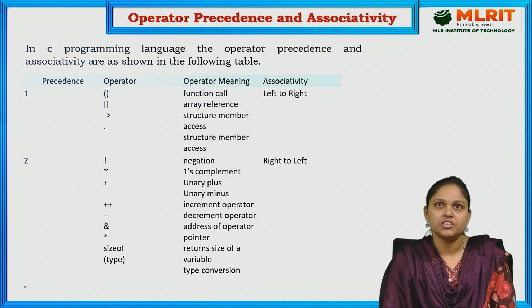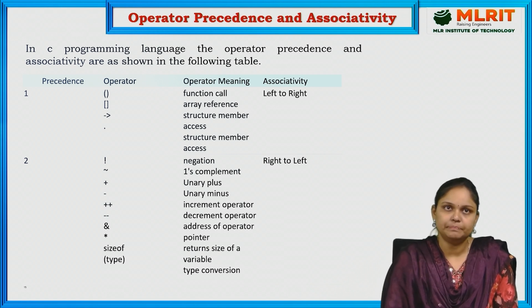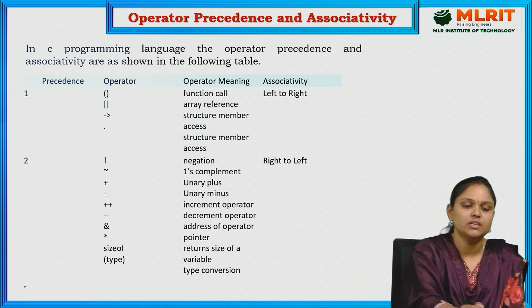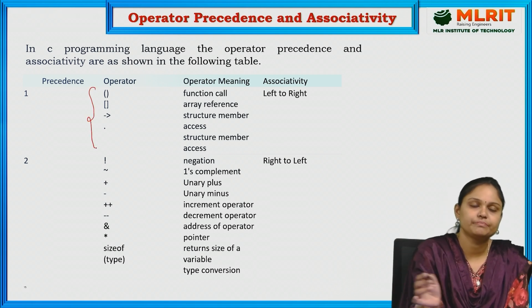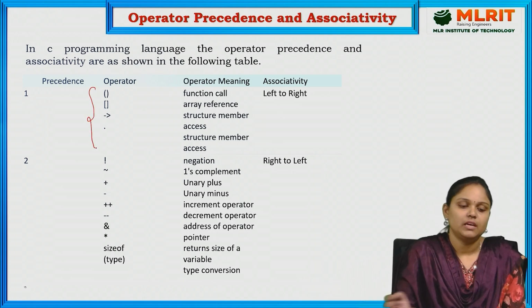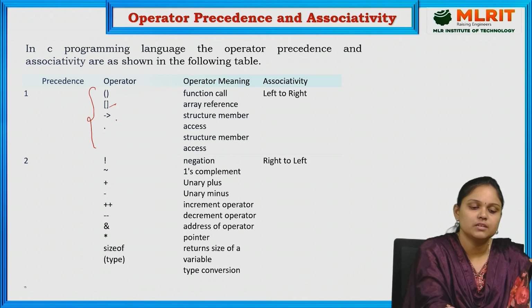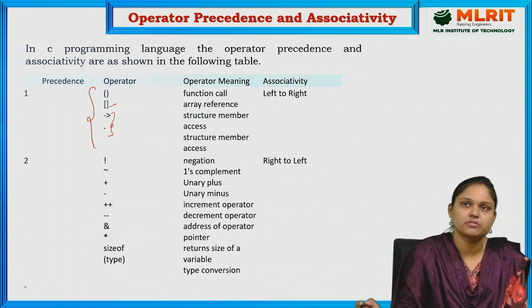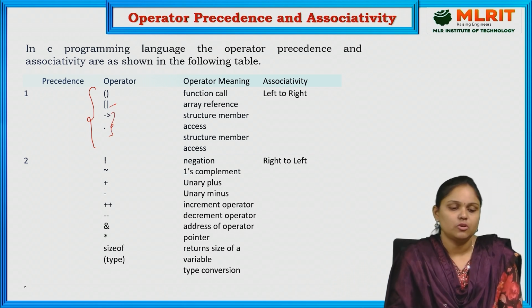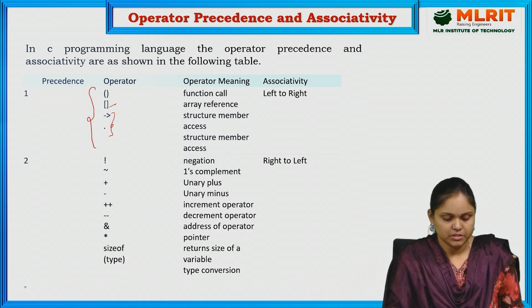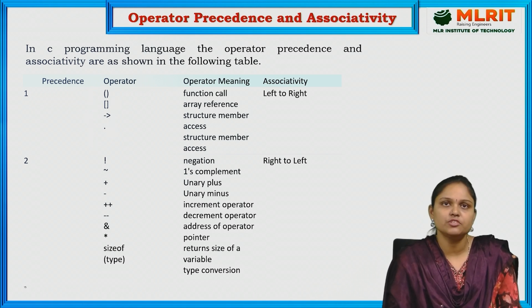This is the chart which contains the operator precedence and associativity. The first precedence has these operators: brackets, used for arrays, and the arrow and dot operators, which are used in structures. It has the first priority.